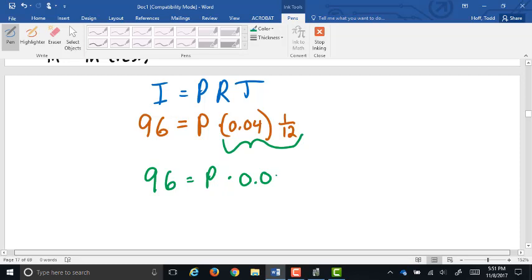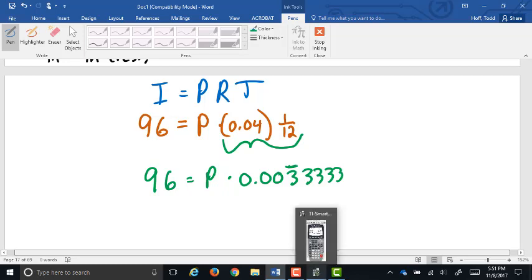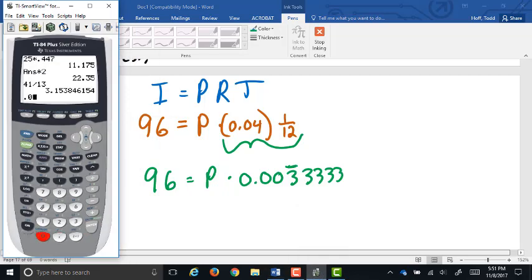It's 0.00333333, repeating. If I write that down and try to type it back in my calculator, there's going to be a round off error. So I'm going to do 0.04 times 1 divided by 12, and I'm just going to leave that in my calculator and not clear it.